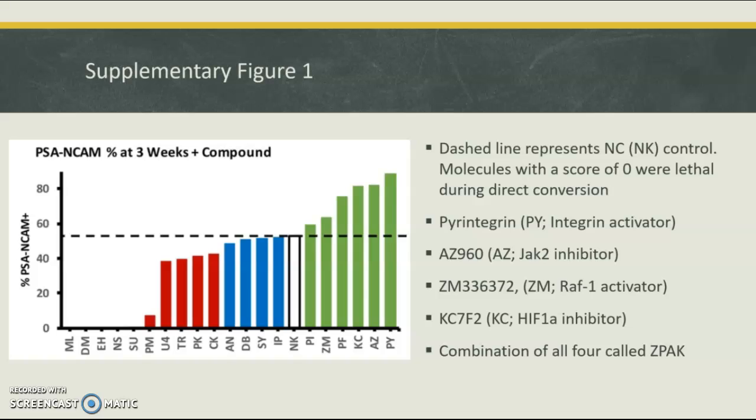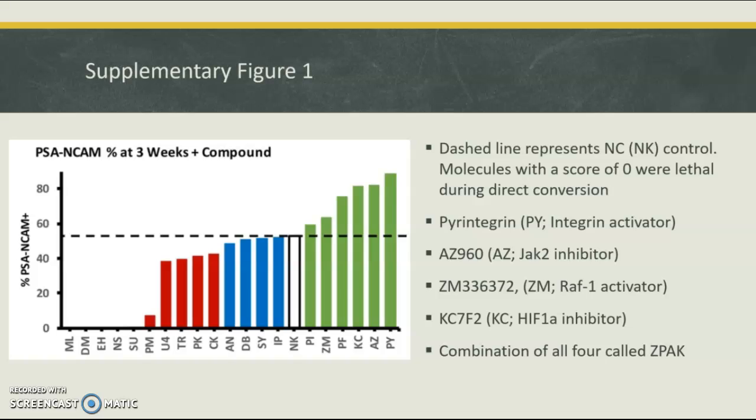Due to this, scientists took 4 small molecules above the dashed line to create a combination concoction. An important thing to note on this graph is the zero scores. Zero scores represent the molecules that were lethal to direct reprogramming, which is why scientists ruled these molecules out.